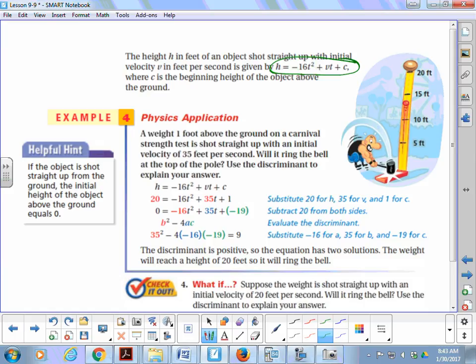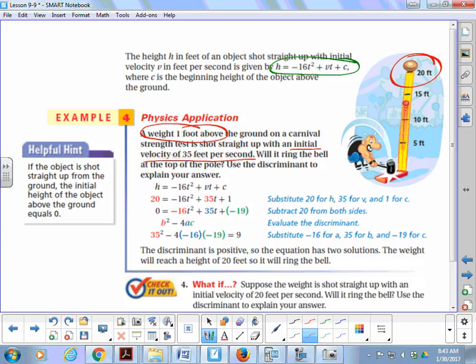Okay. So they give us the initial height, which is c. It starts 1 foot above the ground. And they tell us that the initial velocity is 35 feet per second. And here is the height we're trying to reach, 20 feet.